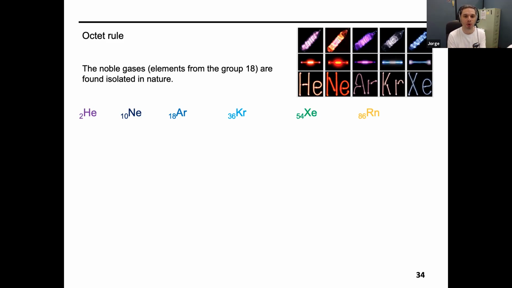They are stable by themselves. Those elements are called noble gases, and they are the elements from group 18, the far right column in the periodic table. They are noble because they do not react or combine with other elements. They are just stable by themselves.